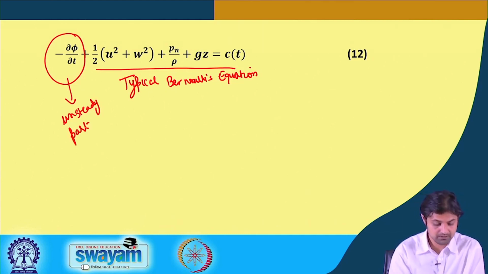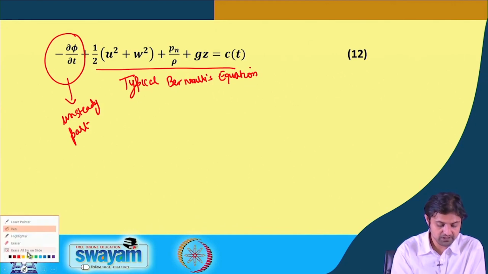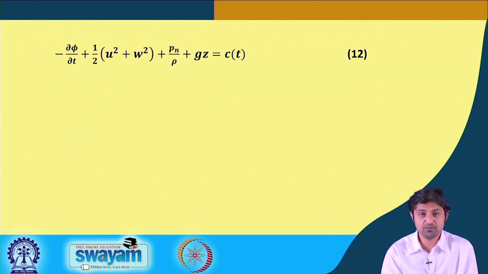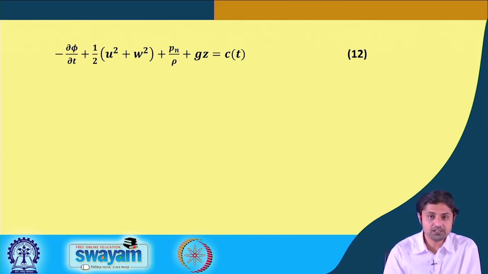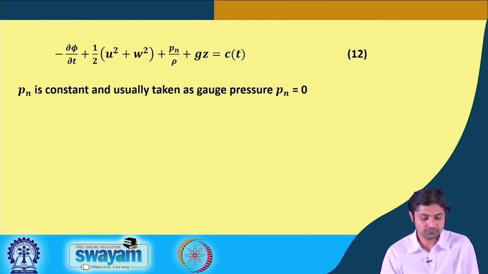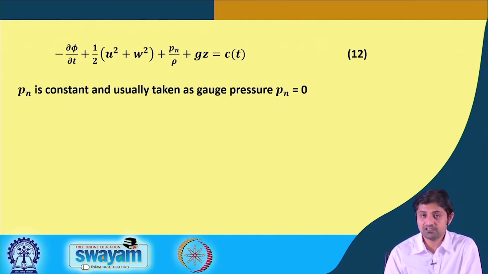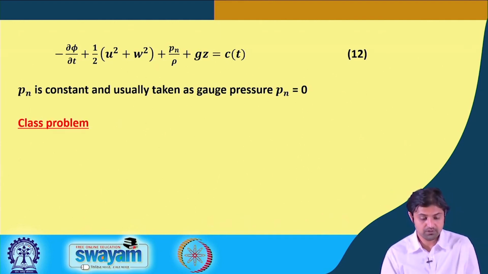All right. So, to derive the dynamic free surface boundary condition, we make use of the unsteady Bernoulli's equation. Here P n is constant and usually taken as gauge pressure, that is atmospheric pressure, but we take it P n is equal to 0.